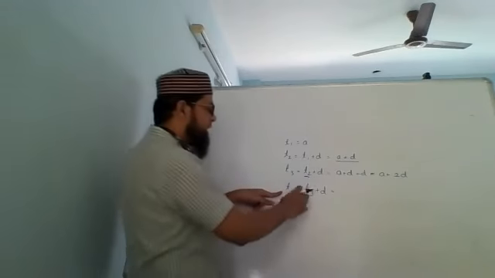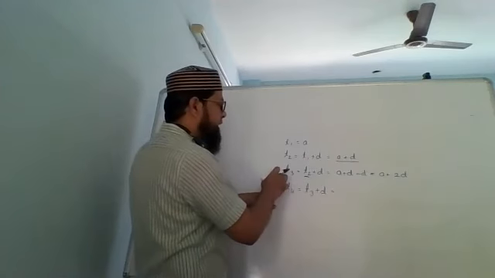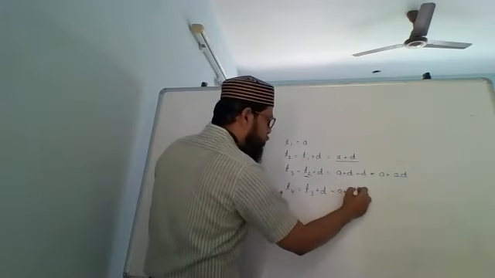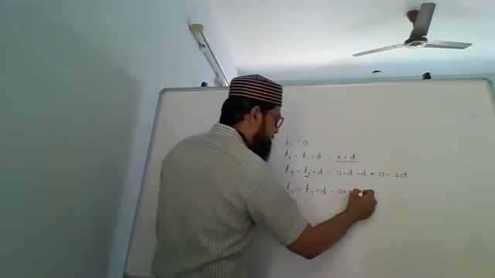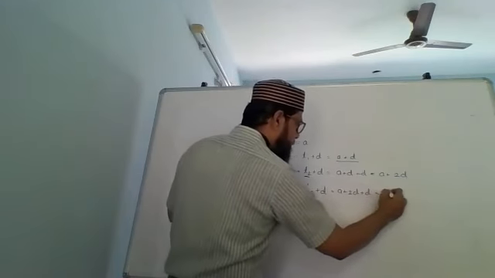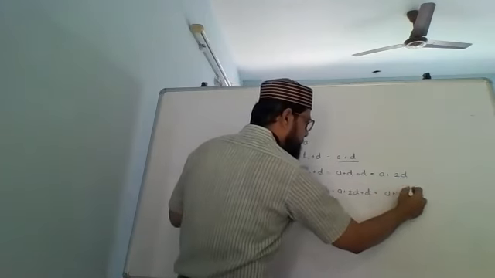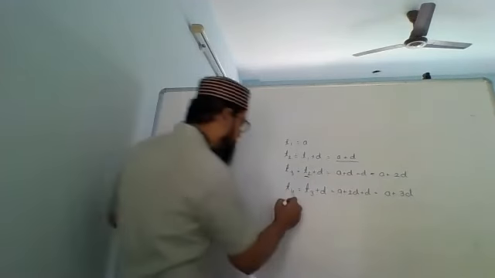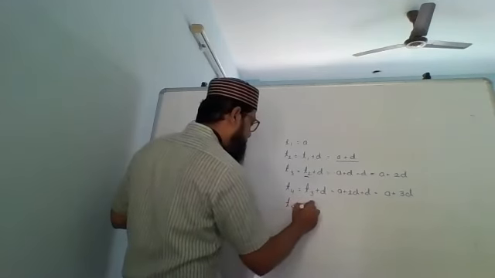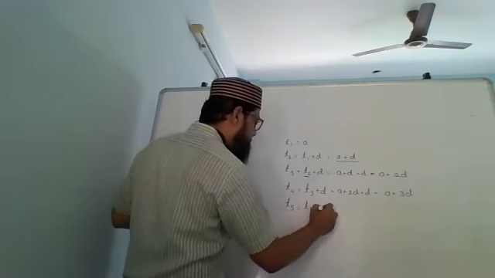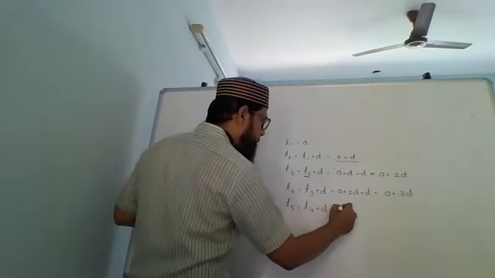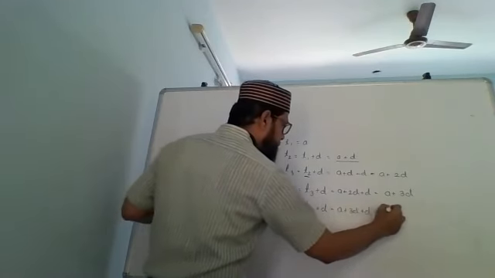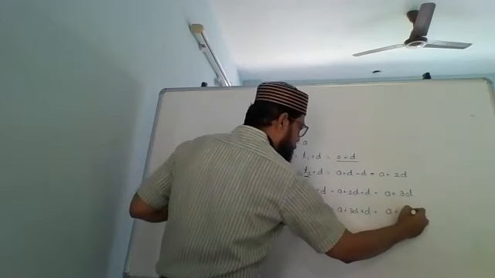T4 is T3 plus D. But what is T3? T3 is A plus 2D, and this D as it is. So it is A plus 3D. Similarly, what is T5? T5 is T4 plus D. So it will be A plus 3D plus D, which is A plus 4D.